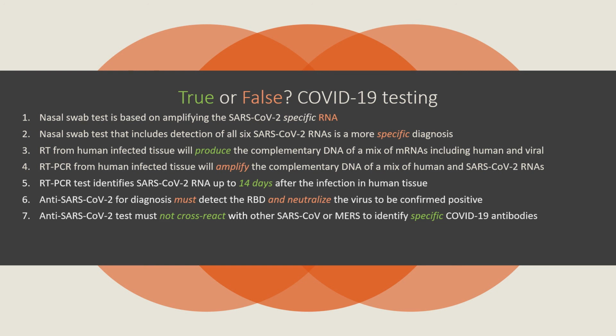So this is important for understanding what is the kind of test that you're getting. If an individual is getting a result of an antibody, understand what was tested and what exactly this is telling you.